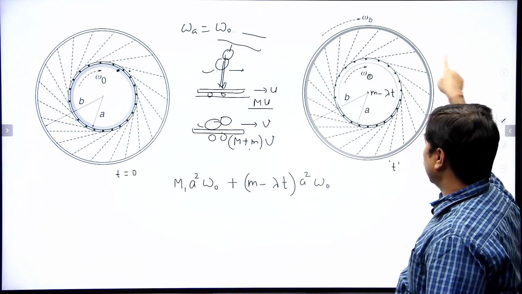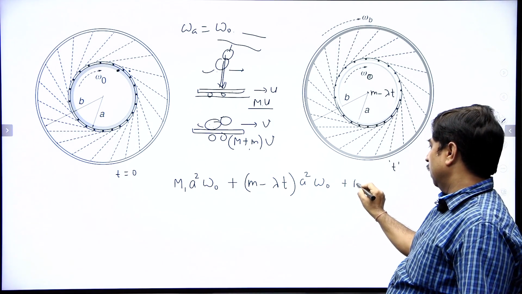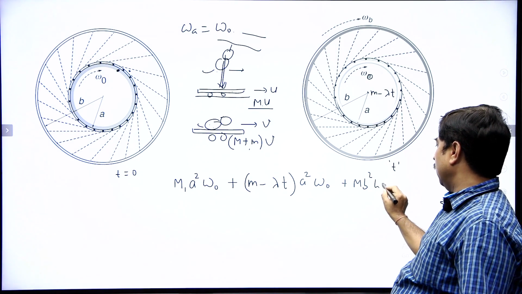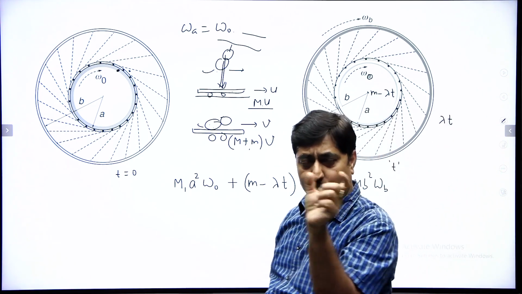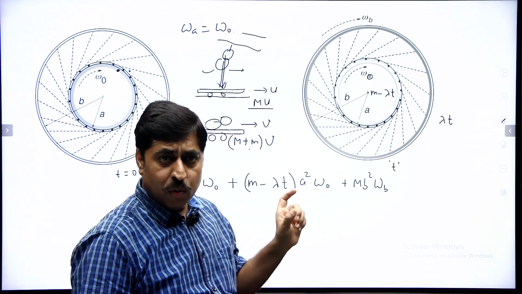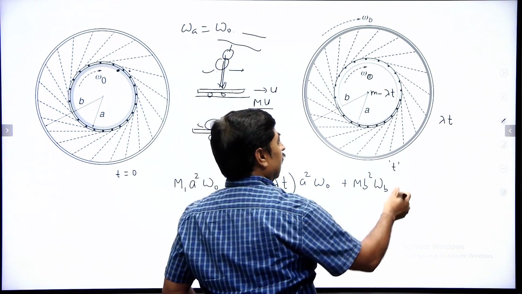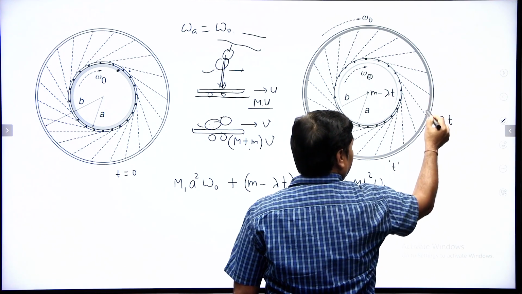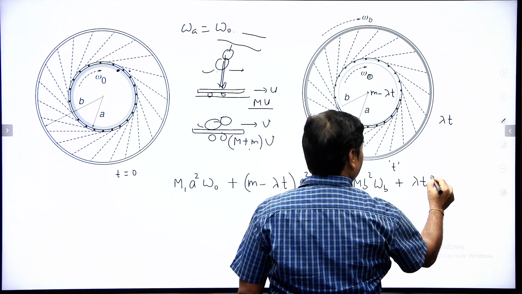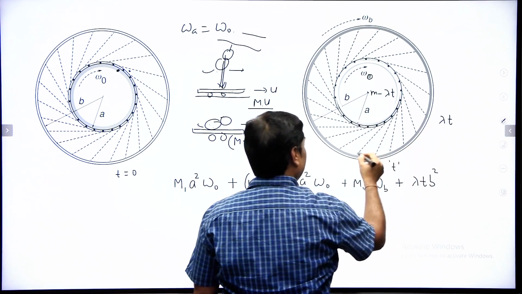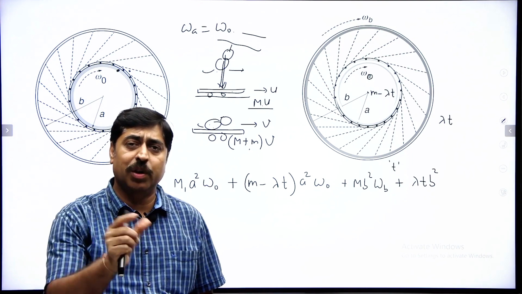What about the outer drum? Let us say the outer drum has got angular speed omega b. So m b square is its moment of inertia, into omega b, that is its angular momentum, and this much amount of sand has piled up here. So for the sand we will write lambda t m b square. Again, this sand is also nothing but a thin cylinder, so its moment of inertia is m into b square.